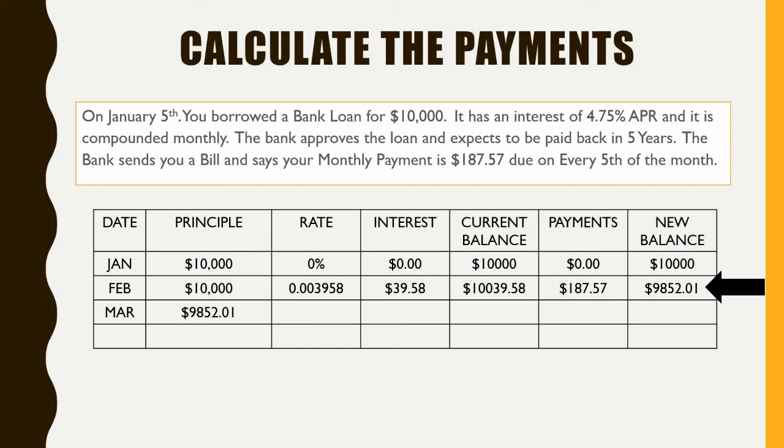You're going to take your annual percentage, divide it by 12 to get 0.003958. Multiply those two numbers together, and you're going to get a total of $39 even.